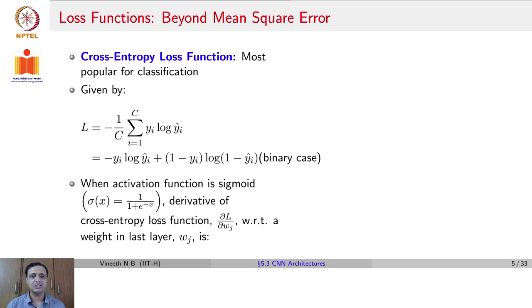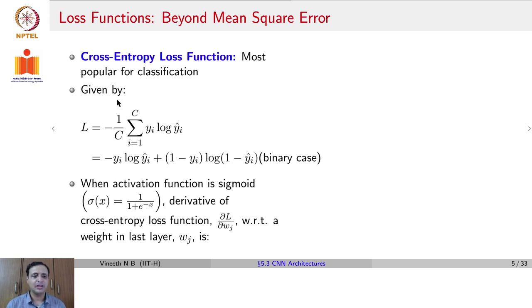In classification problems, the most common loss function is known as the cross entropy loss function, which measures the entropy between the probability distribution on the output labels in the ground truth versus the probability distribution on the output labels as output by the neural network. This gives you a sense of error committed by the neural network.